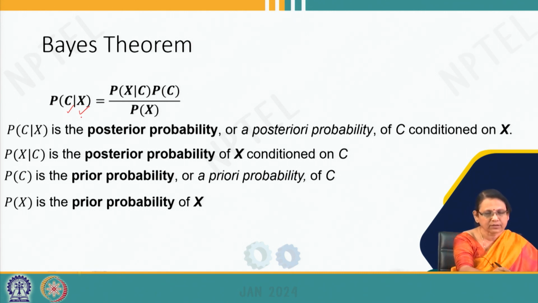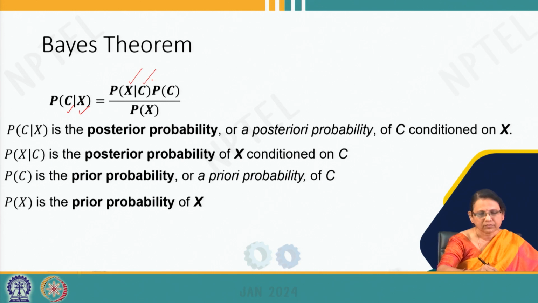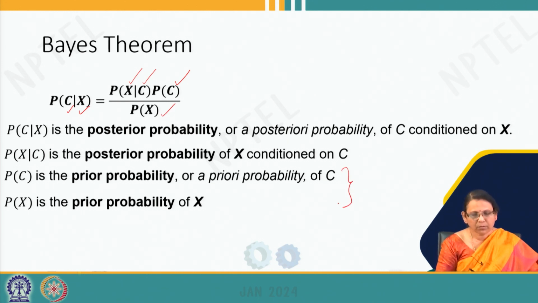The probability of the class given the tuple can be determined from the probability of the tuple given the class, the probability of the class, and the probability of the tuple. Here these two are the prior probabilities, or a priori values, and these two are a posteriori values. So, let us try figuring out how to get all this in the context of a given data set.